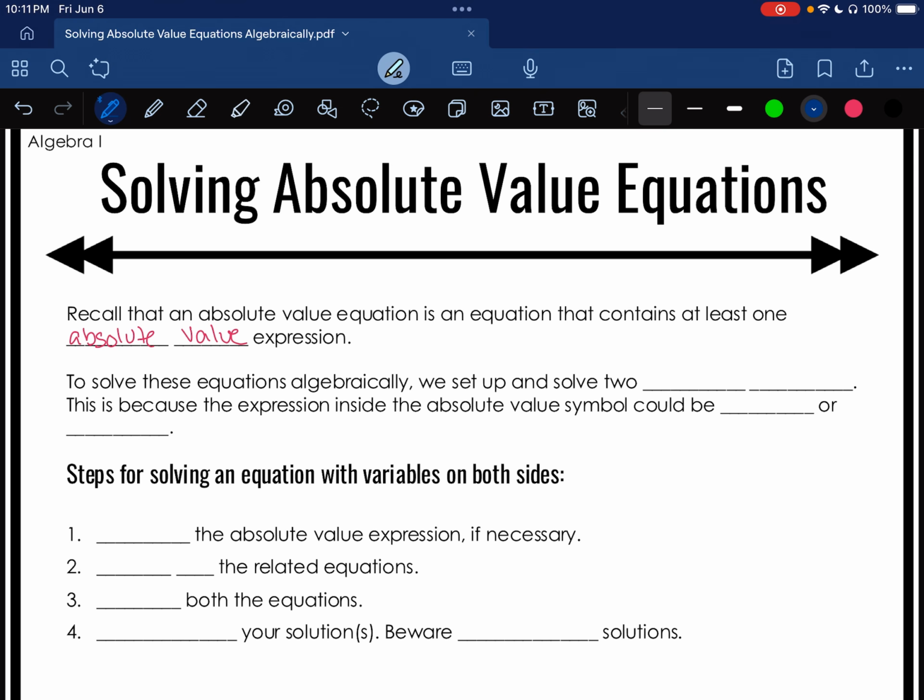Now, to solve these equations algebraically, we have to get rid of that pesky absolute value symbol somehow. And so we can't just pretend those bars aren't there. So what we do is we set up what are called two related equations.